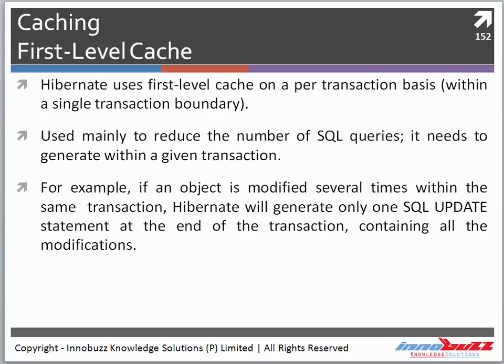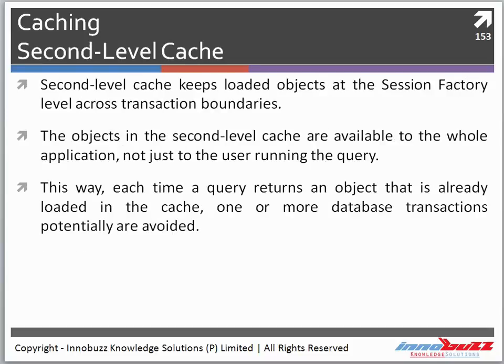Second level cache. The second level cache can be configured on a per class and per collection basis, and is mainly responsible for caching objects across sessions. Any third-party cache can be used with Hibernate.